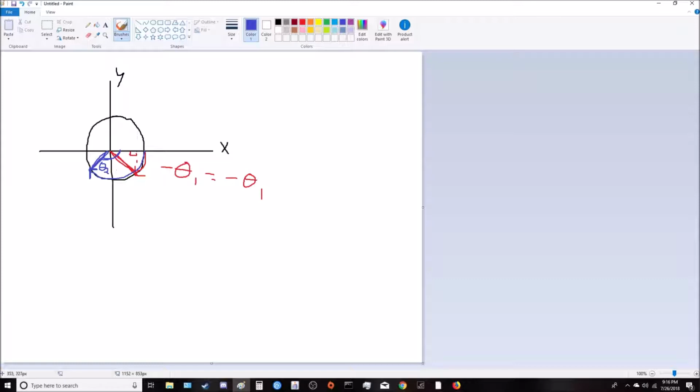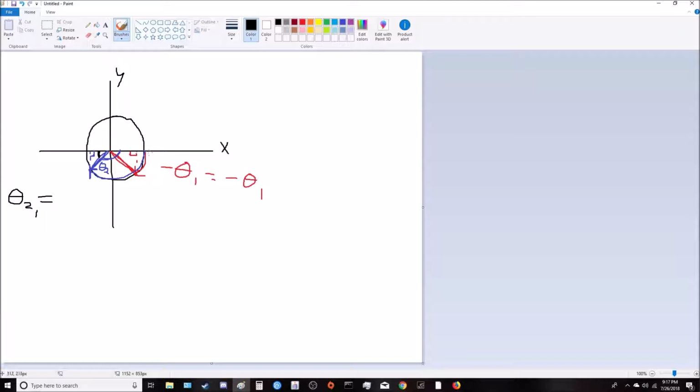So in a similar manner to the positive angles, this is just equal to our pi radians, or 180 degrees, minus this little bit that we're considering for our right triangle, or our equivalent angle. And in the spirit of the notation that I've been using so far, we're going to call our equivalent angle theta sub 2 sub 1.